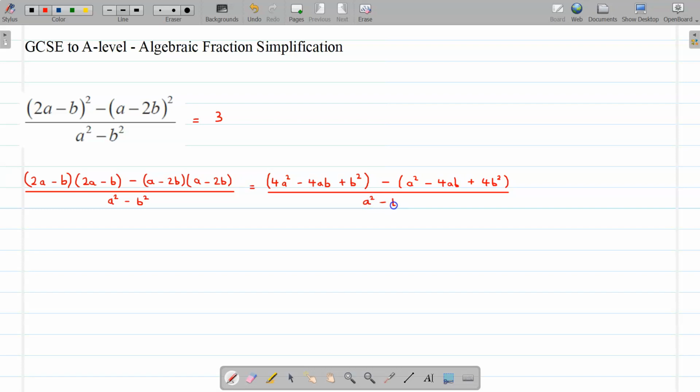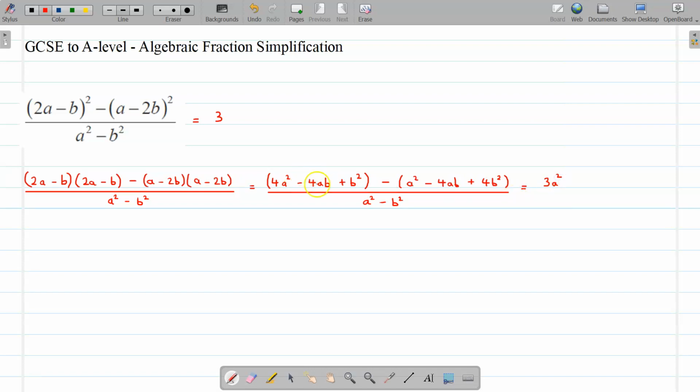Now it still looks nothing like the number 3, but it will do in a minute. So what have we got? Well, remember when we have a minus sign in front of a bracket, every term inside that bracket, you've got to think of doing the opposite with the sign. So I've got 4a squared minus a squared, which is 3a squared. That's simple enough.